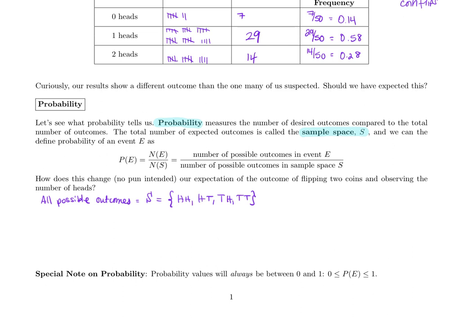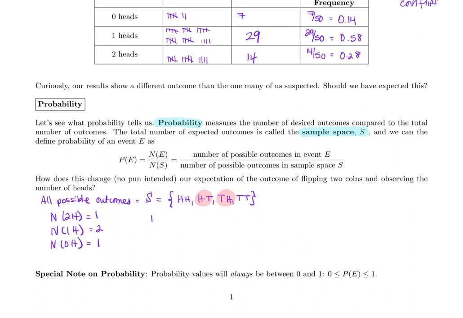So in this case, the number of ways that we can flip 2 heads is only 1 way. The number of ways we can flip 1 head, well, we have 2 of those, don't we? We have 1 head here and 1 head here. So we actually have 2 ways. The number of ways we can flip 0 heads, which means all tails, is just 1.